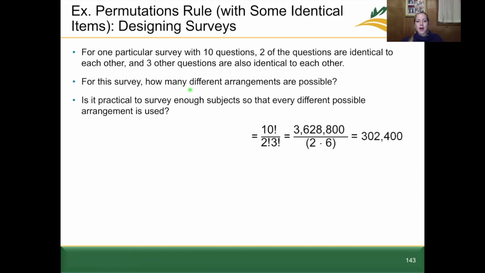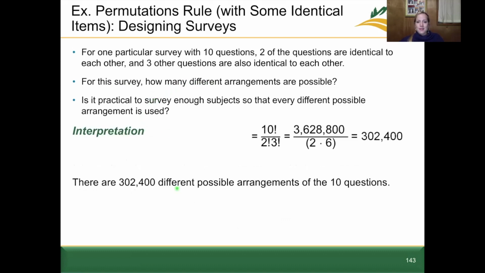Now, we answered this first part here. For this survey, how many different arrangements are possible? Now let's answer, is it practical to survey enough subjects so that every different possible arrangement is used? Well, from what we just figured out, there are 302,400 different possible arrangements of the 10 questions.